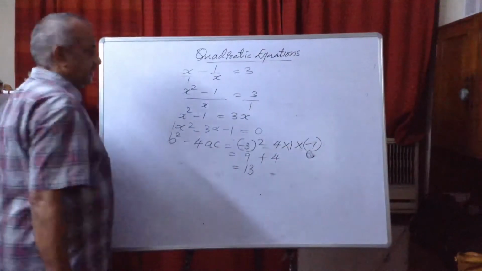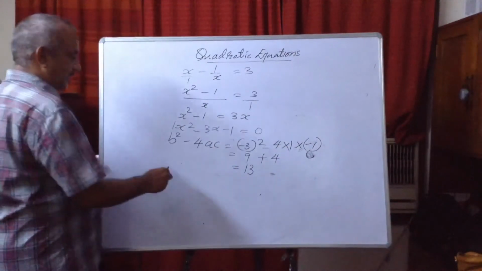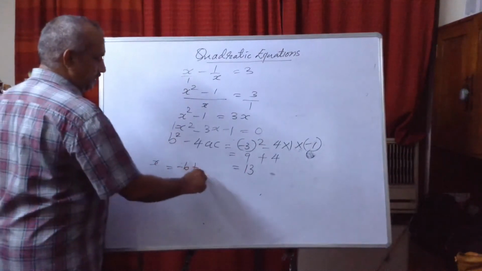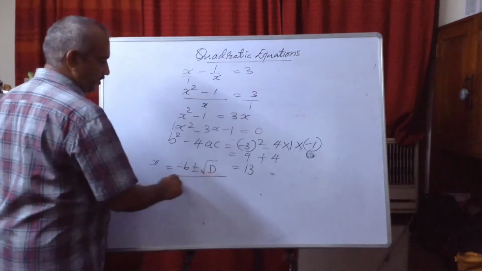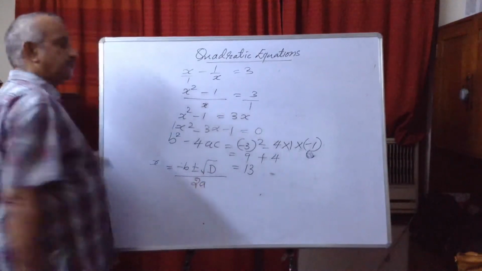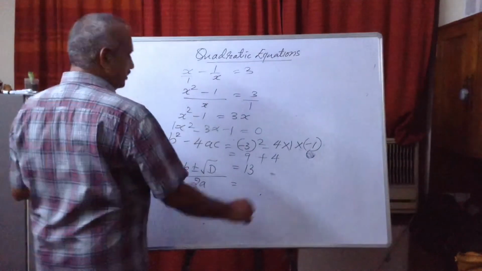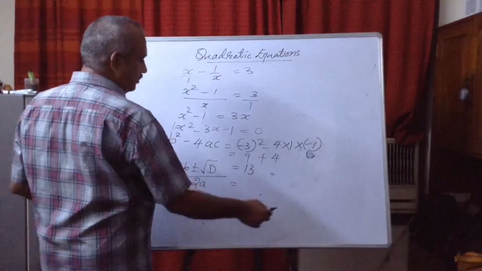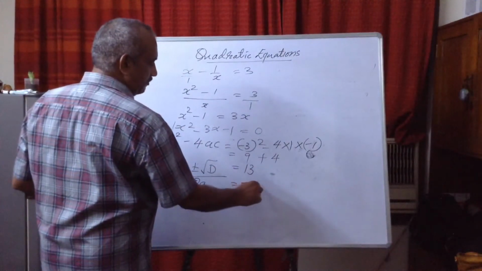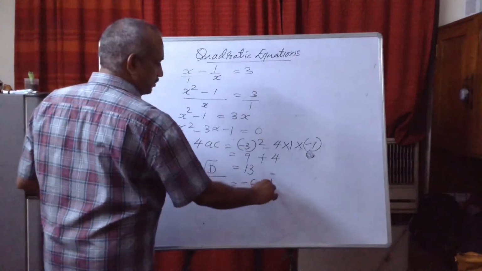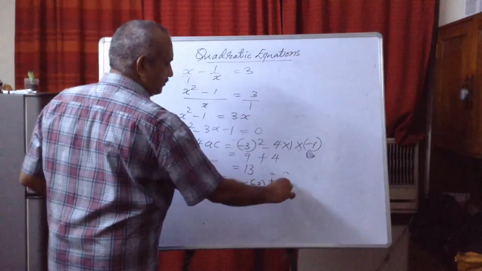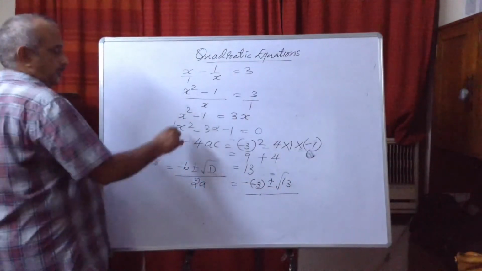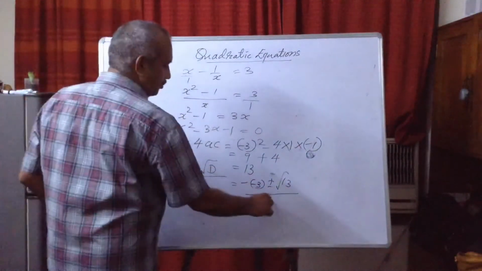So we will put in the formula. x is equal to minus b plus or minus square root of D upon 2a. This is the formula. Minus b: already minus 3 is there, so directly you can write 3, plus or minus square root of 13 upon 2 into a. a is 1, so 2 into 1, 2.